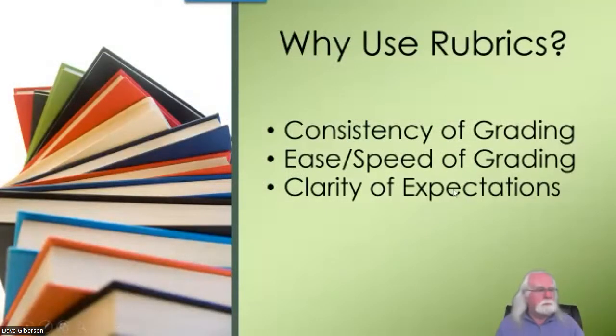Why bother? Well, first off, and above all, it allows you to grade consistently. Of course, in any sort of complex assignment, there are going to be shades of accomplishment in the submissions that you get from your students.